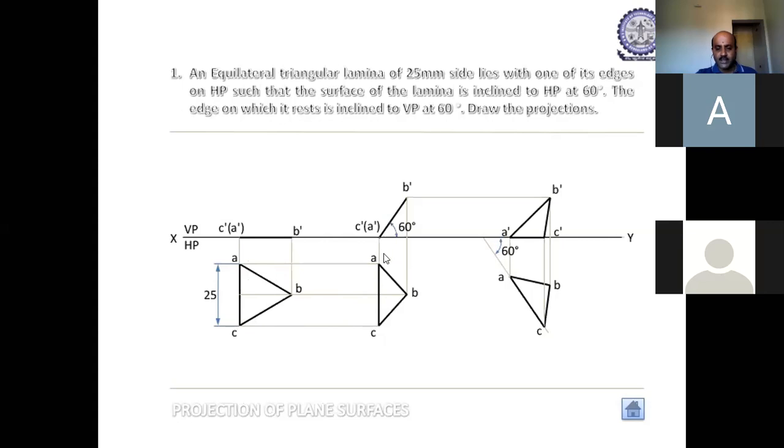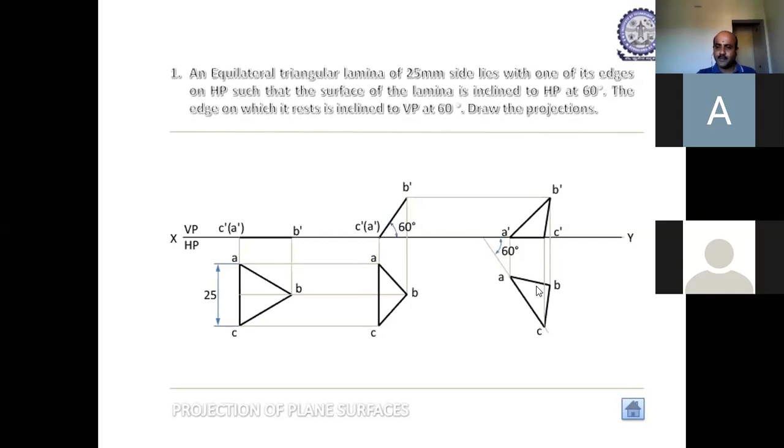Don't take the true shape. Take the top view of the second position and incline it in such a way that AC is inclined to VP at 60 degrees. Then you have to construct this triangle here. Once you get AC, with a compass measure BC and AB, with C as a center draw an arc, with A as a center draw an arc, and construct this triangle over here.